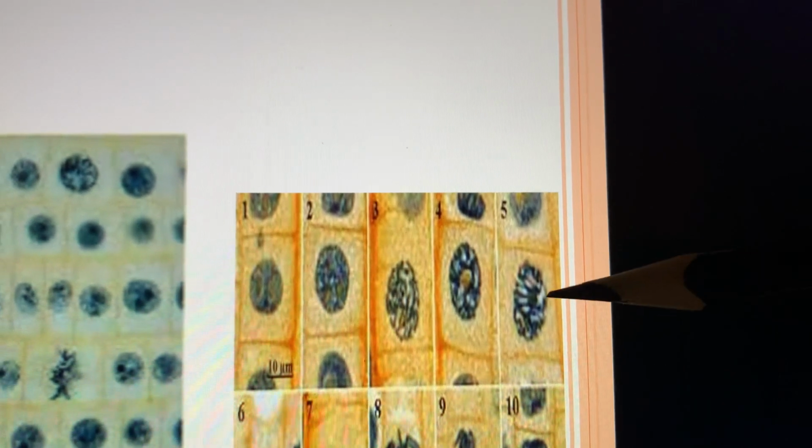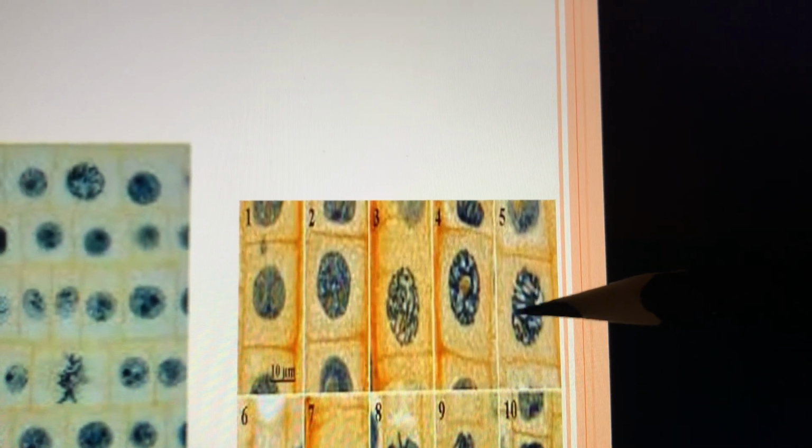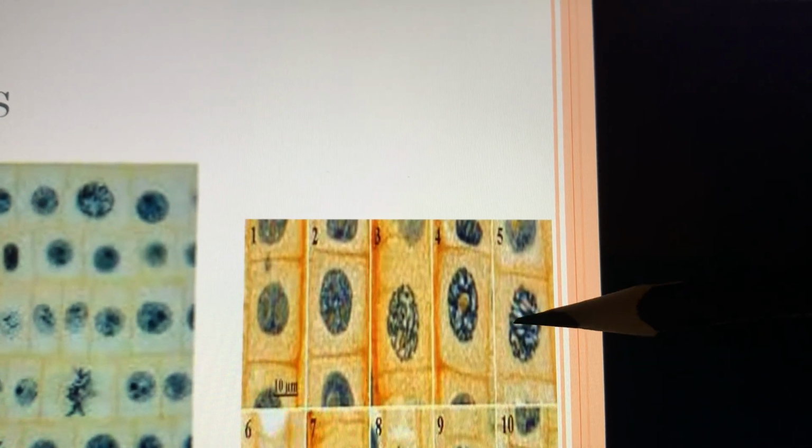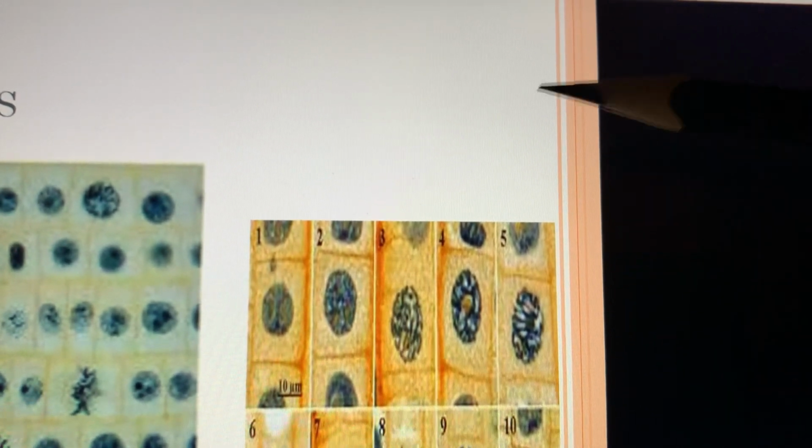This is the cell wall of the plant, and this is the nucleus. Look how big the nucleus becomes. It's not on the side like we used to know in plants. And look at the chromosomes. These are real chromosomes. This is prophase and this is prophase. This is early prophase and this is late prophase.